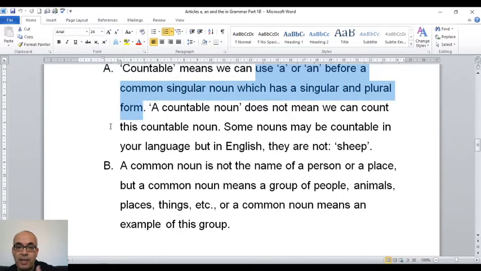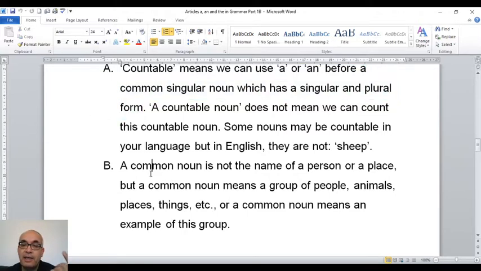So you should understand the meaning of common, you should understand the meaning of singular, and also you should understand a vowel and a consonant, and I explained this in my video. You need to watch my video on vowels and consonants. A vowel is what you hear, and the same, a consonant is what you hear. What you see is not what you hear.